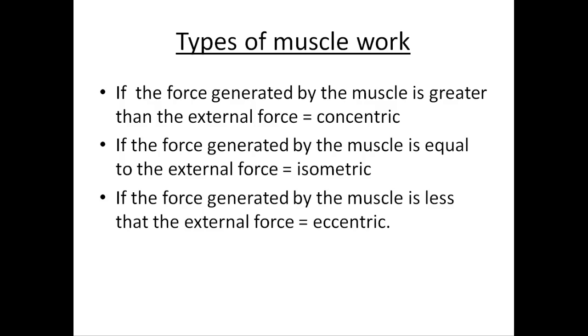Iso meaning the same, metric meaning length. So imagine doing a bicep curl and holding it at 90 degrees. That's an isometric contraction. And then if the force generated by the muscle is less than the external force, we've got eccentric. Imagine you've pulled a really heavy dumbbell up into your right hand, and then you let go of your left hand and slowly lengthen under load.